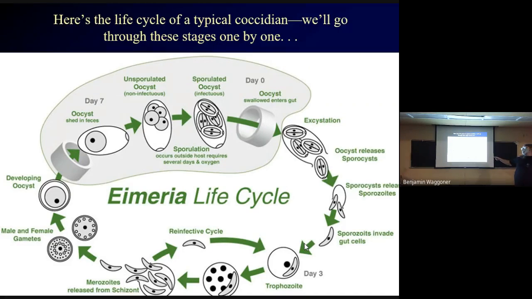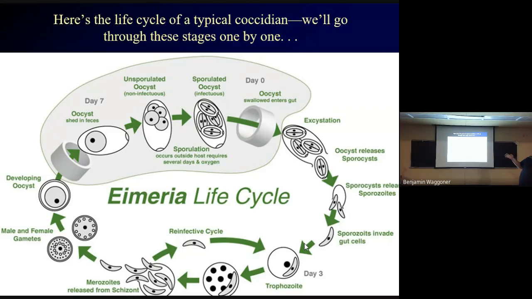Anyway, some of those merozoites transform into gametes. They'll pair up, they'll form an oocyst, and the oocyst is the stage that's shed in feces. And the maturation of the oocyst requires oxygen, so these things have to mature outside the host body.